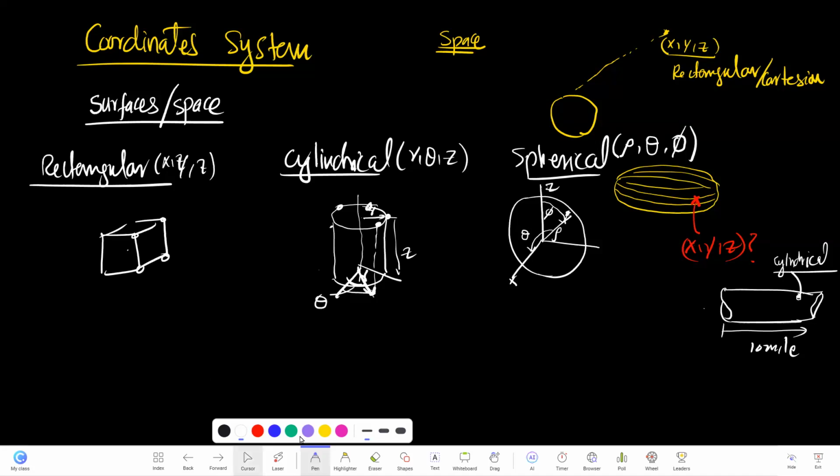We want to know how we convert from one to the other. You can convert rectangular to spherical, cylindrical to rectangular, or rectangular to cylindrical.